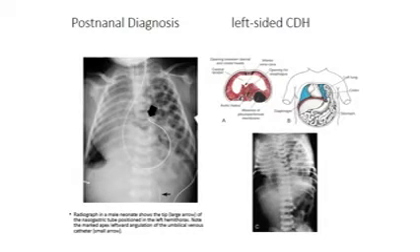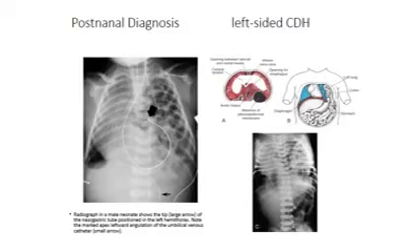So in this X-ray, typically we see that on the left side, the herniated side, we don't see a diaphragmatic dome. It is there on the right side, but on the left there is no line representing the diaphragmatic dome. And what we see, multiple air fluid levels in the left side of the chest.